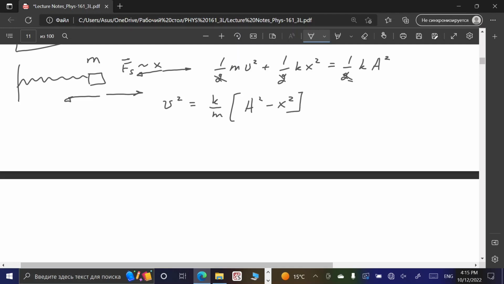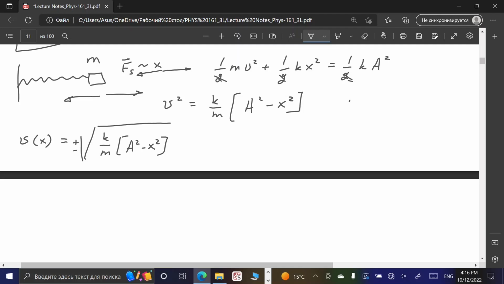Or eventually velocity at any position x, which is of our interest, will be equal to square root of k over m. Here we can put plus minus because we may have either positive or negative velocity, depends on the displacement. A squared minus x squared.